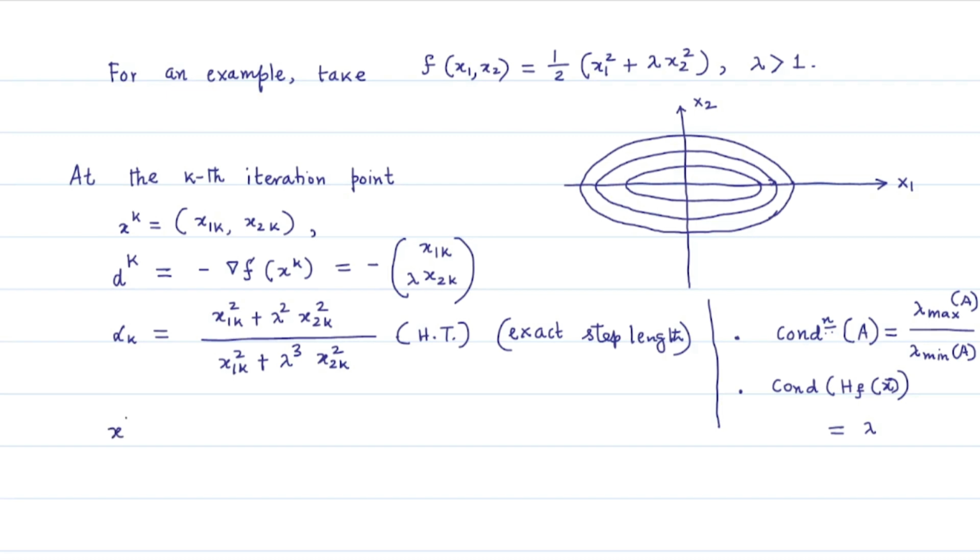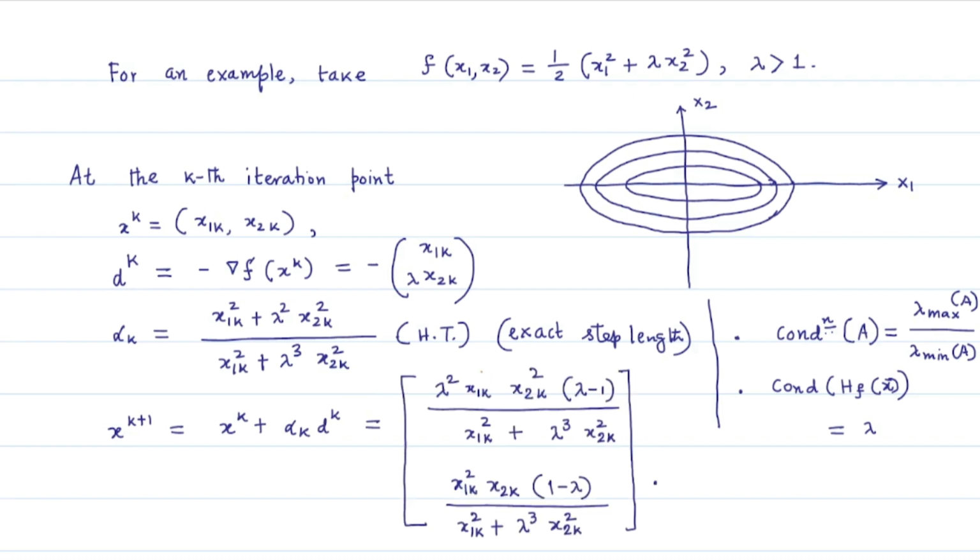And therefore xk plus 1, equal to xk plus alpha k dk, is given by these coordinates, where this is the first coordinate and the second coordinate is this expression.